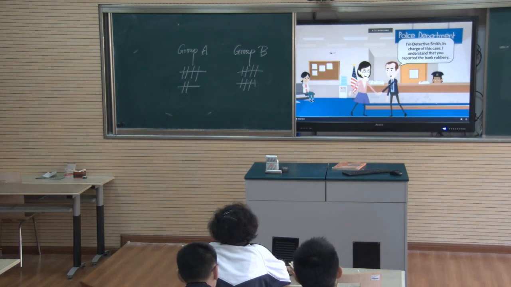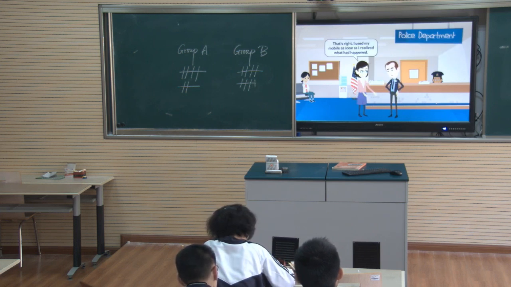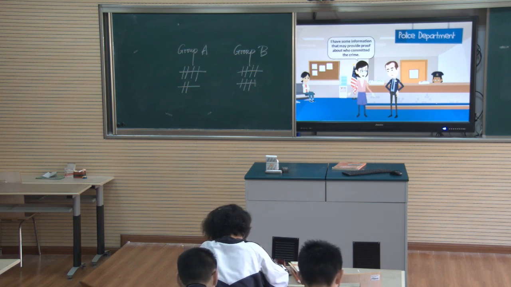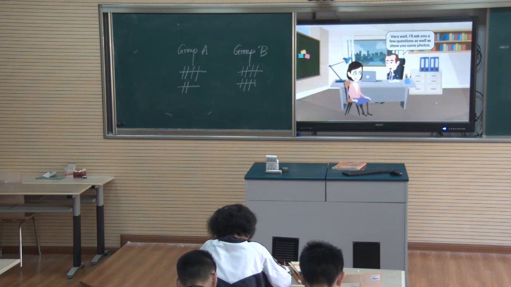I'm Detective Smith, in charge of this case. I understand that you reported the bank robbery. That's right. I used my mobile as soon as I realized what had happened. I have some information that may provide proof about who committed the crime. Very well.